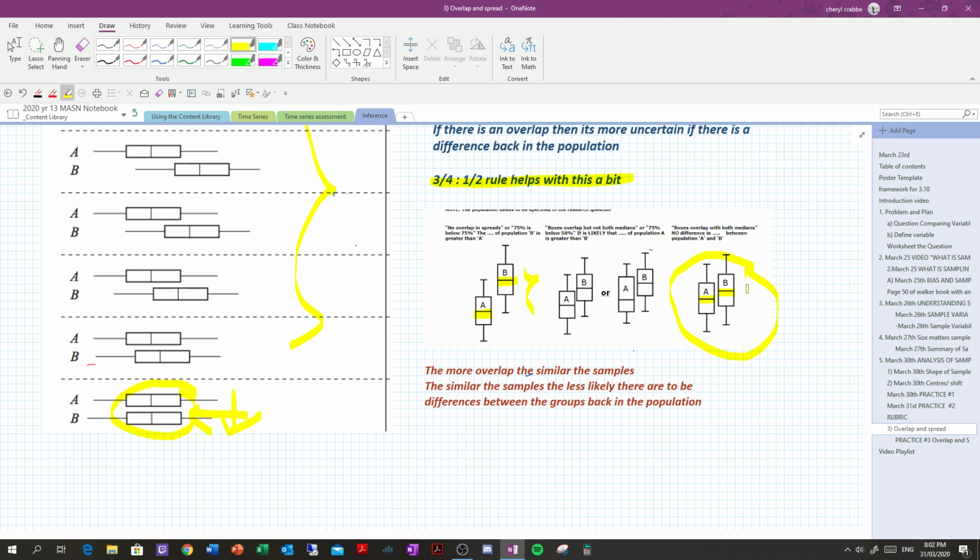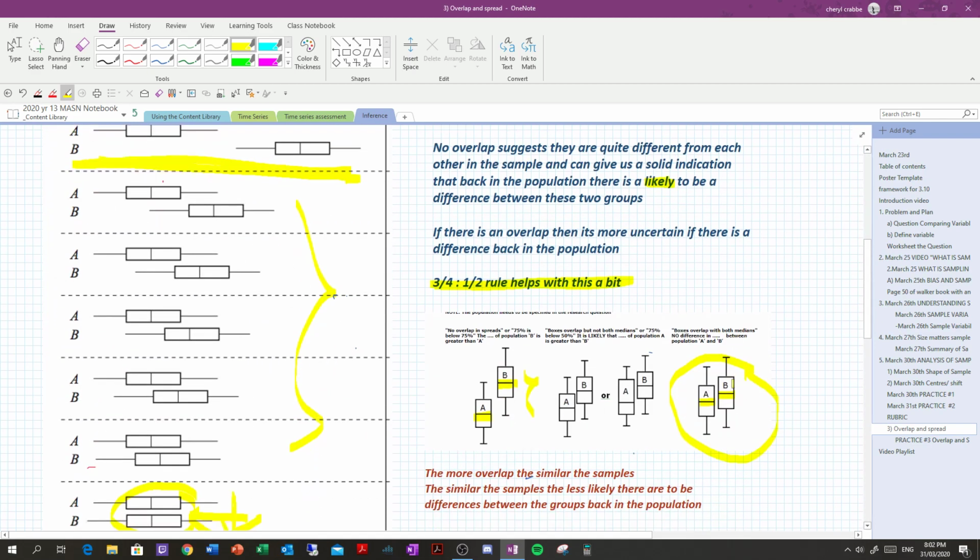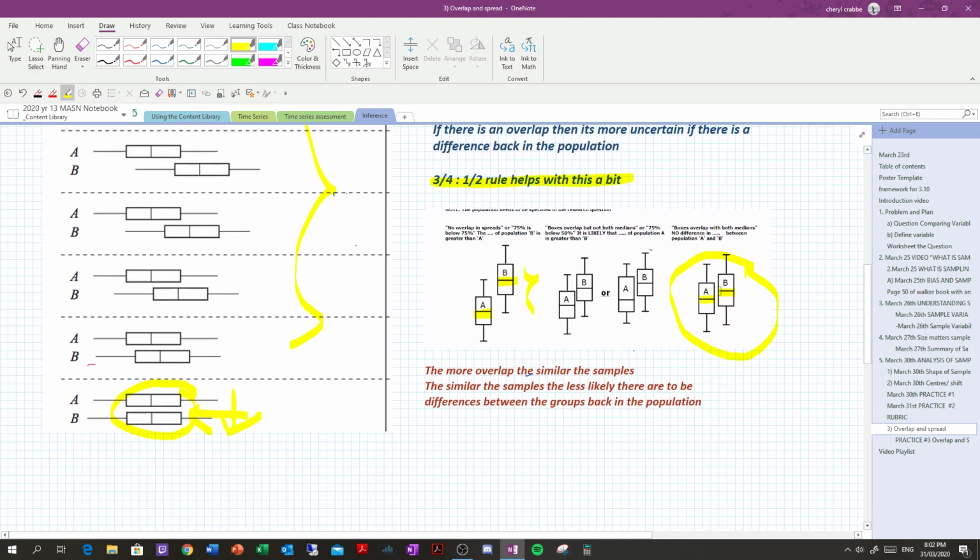And remember, we're always trying to decide based on our sample what we can infer back to the population. But we have to be very tentative about doing it with the sample and our point estimates, which are the medians, because we know that sample variability comes into play here.